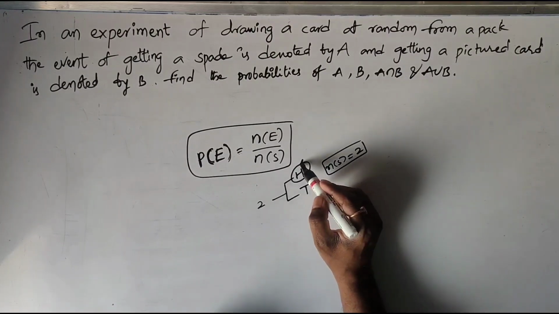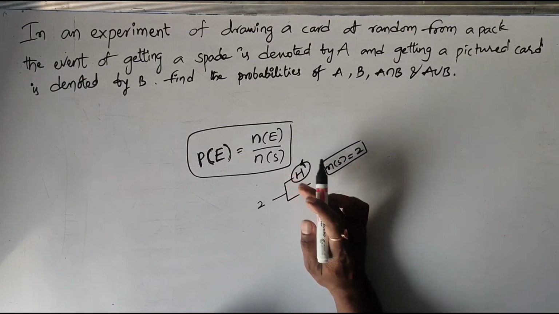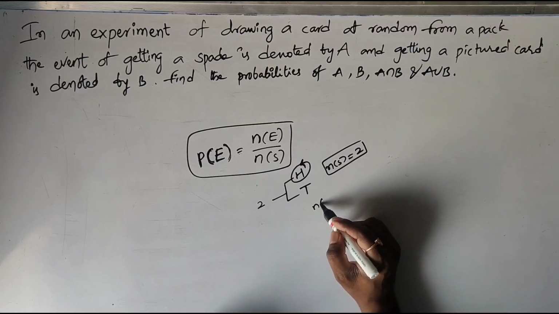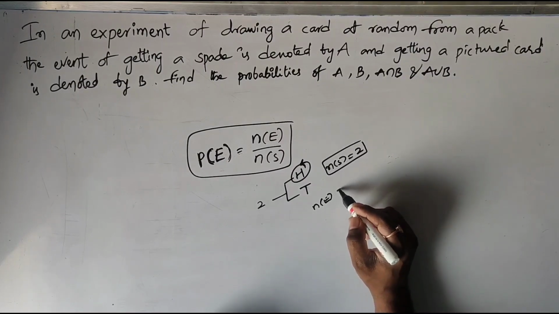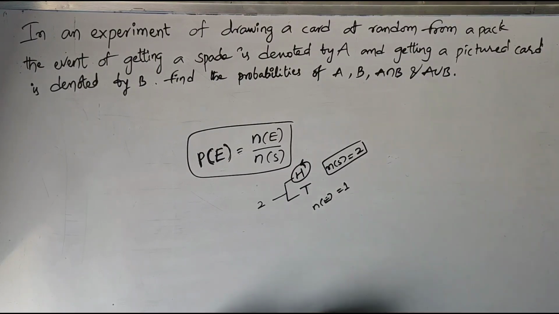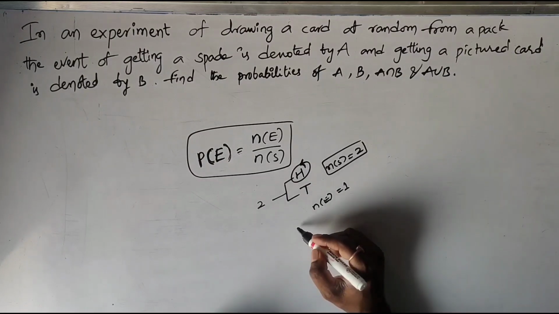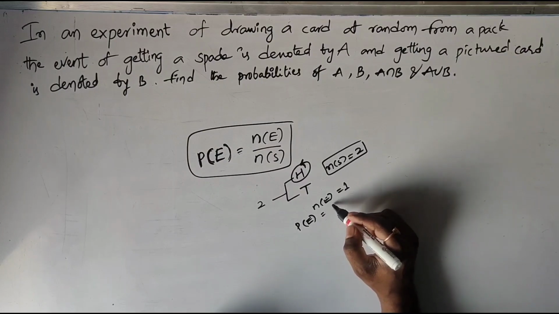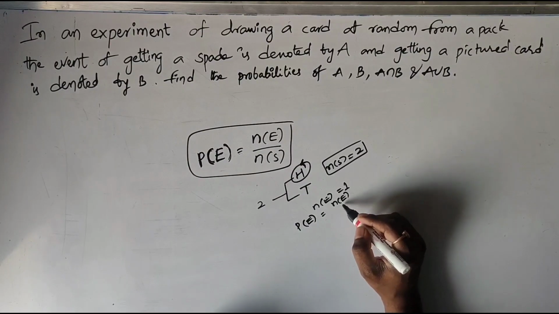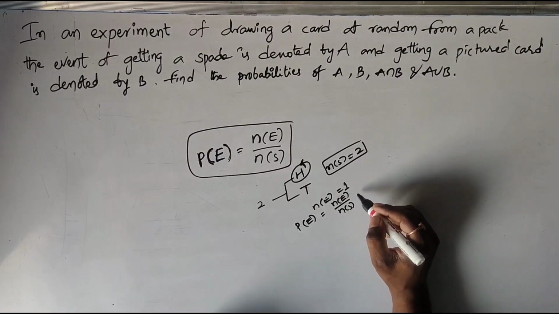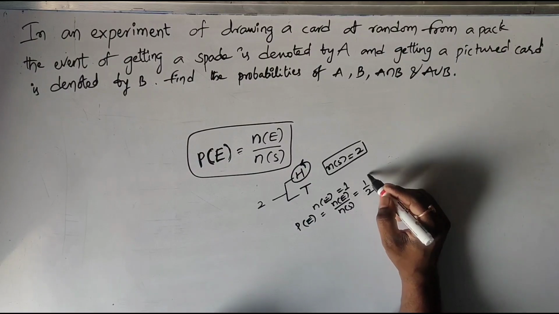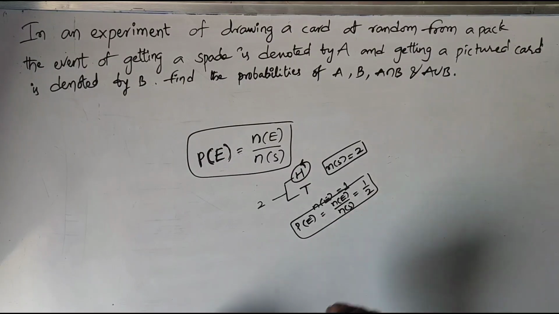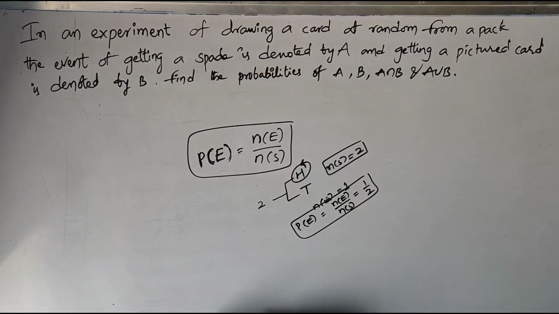How many favorable cases? Only one, so N of E equals 1. The probability of getting head is P of E equals N of E by N of S, that equals 1 by 2. So this is the probability of an event E.